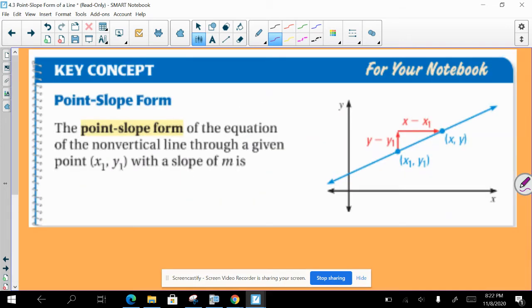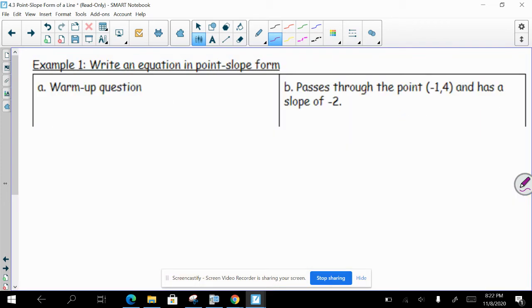And this is just another reiteration of your point slope form. So here's an easy warm-up question. Let's take our warm-up question, which was (4, -3), and then the slope was 2. Let's write it in point slope form.